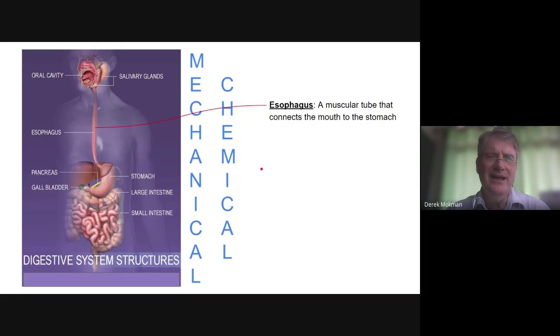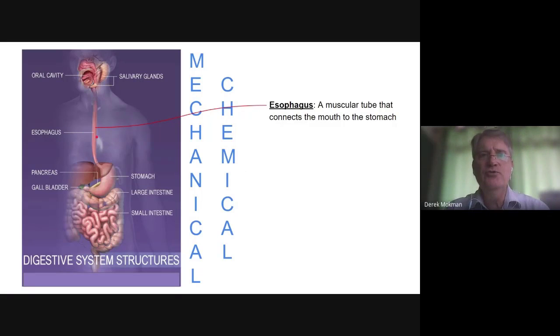It's not really chemical, it's mechanical. And that's because it has muscle around it and it helps to push the food down. So imagine that you have a tube and you're squeezing it with your hand and you're pushing the food down. That's what the esophagus does.